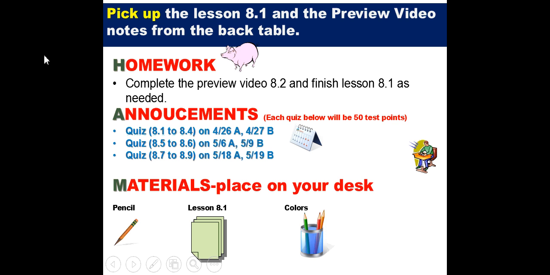This is a unit, which means there's a lot of memorization. That note, because it's so algebraic, I'm going to cycle three quizzes.